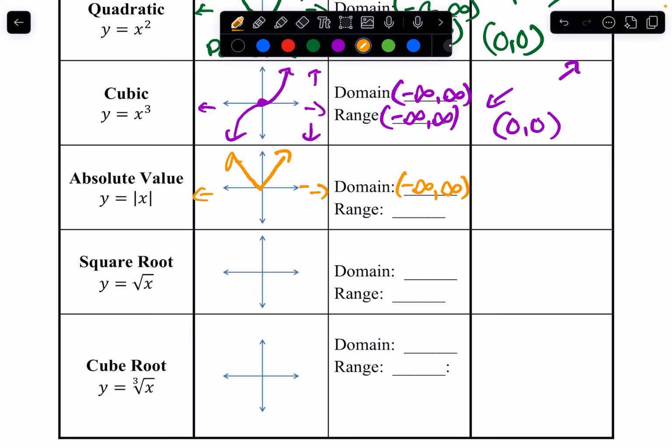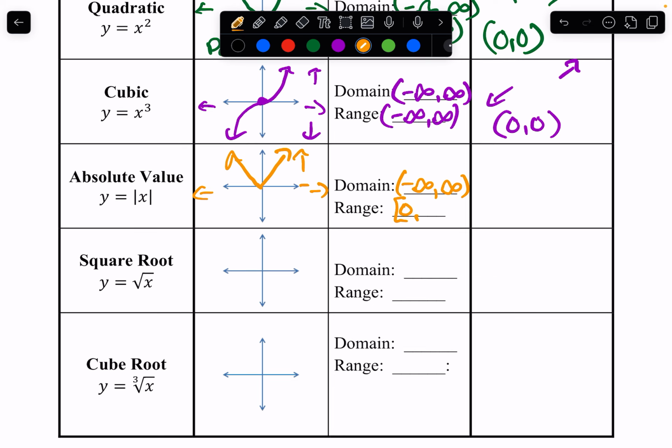Range starts from 0, 0 is included, and it keeps going up, so 0 to infinity. Our 0, where it crosses or touches the axis, is 0, 0. And end behavior goes up on the left and up on the right.